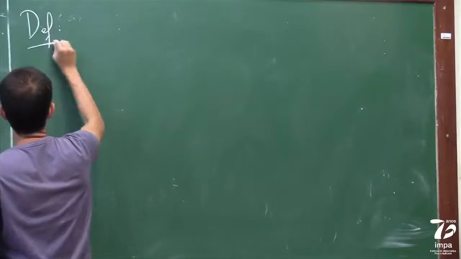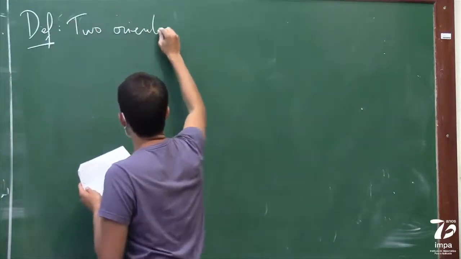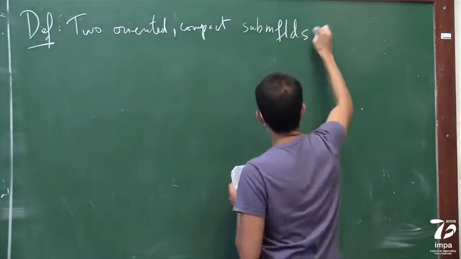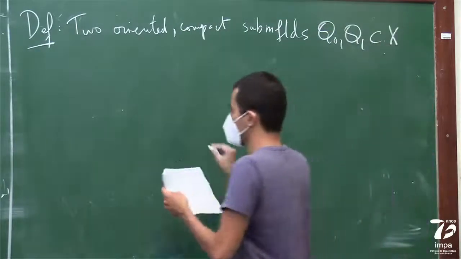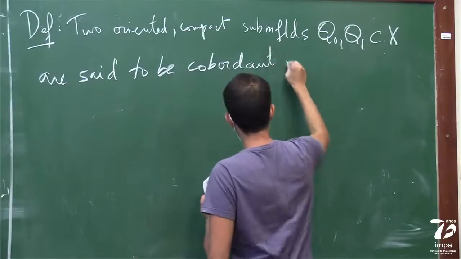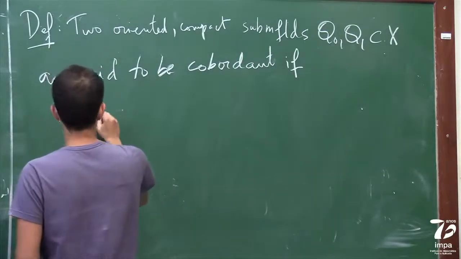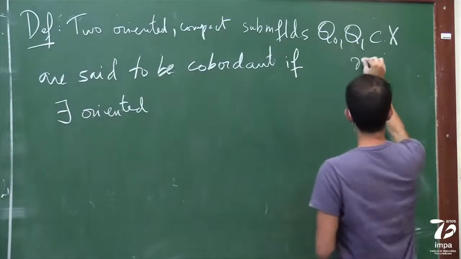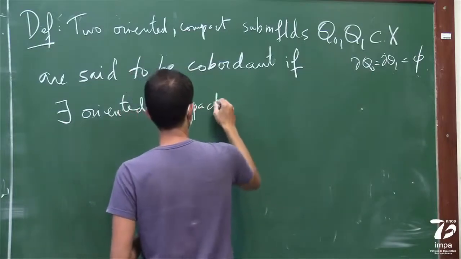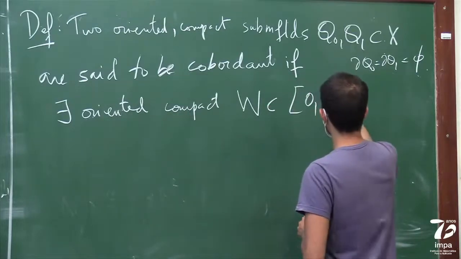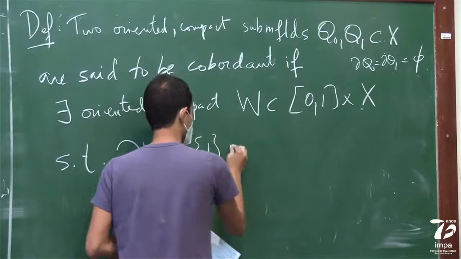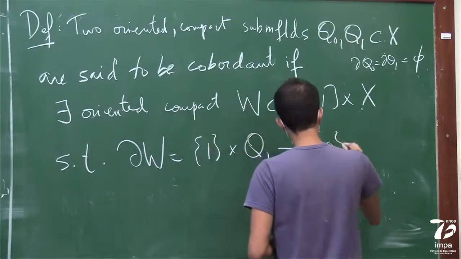So, definition: two oriented and compact submanifolds Q0 and Q1 are said to be cobordant if there exists an oriented, so usually these without boundary, if there exists an oriented and compact W inside of the product [0,1] times X, such that the boundary of W is 1 times Q1 minus 0 times Q0.